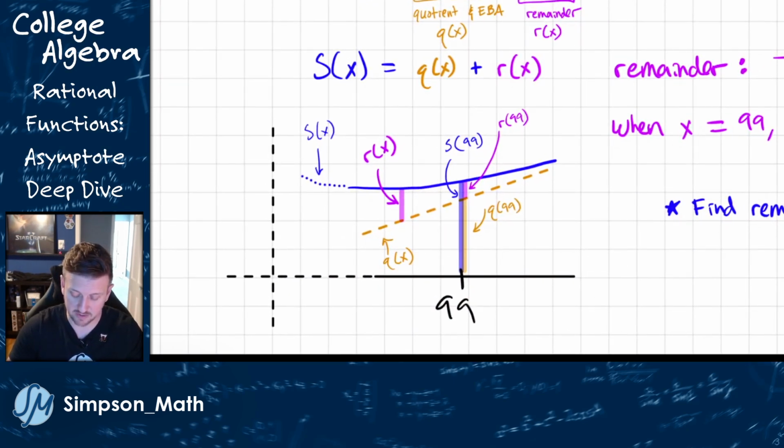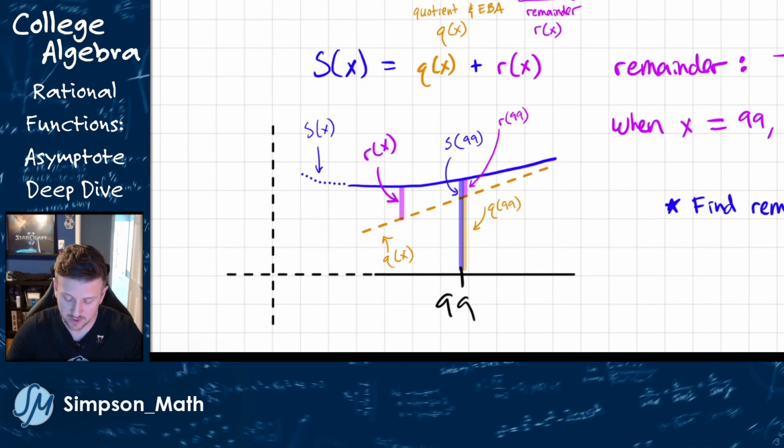Somewhere I have some asymptote represented by this orange dotted line. I'm kind of putting this somewhere in quadrant 1-ish. Then I have some curve here from the blue function, the actual function. So I want to know how close are these two. Now, from what we know about asymptotes, should be pretty darn close. Okay, but I want to figure that out.